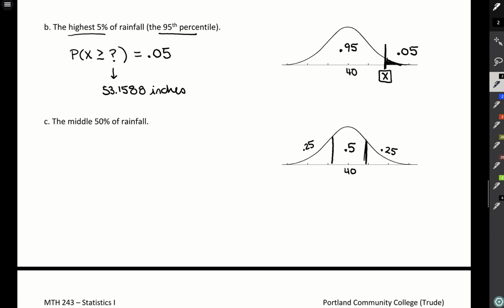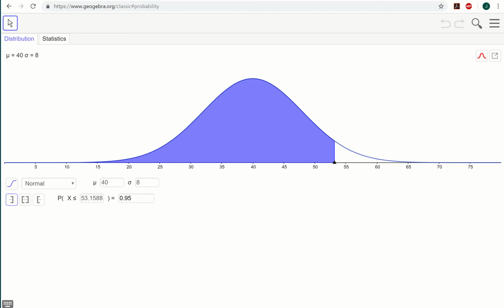And what we need to find are two values. There's this first x value and this second x value. And we're going to need to find them separately, because if we go to GeoGebra and try to make this middle 50%, notice that when I hit the middle button, that right-hand side locks to where we would usually put 0.5 for that area.